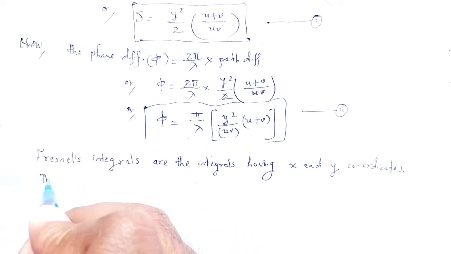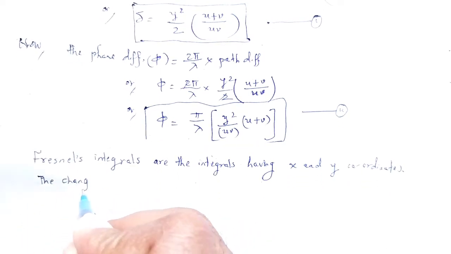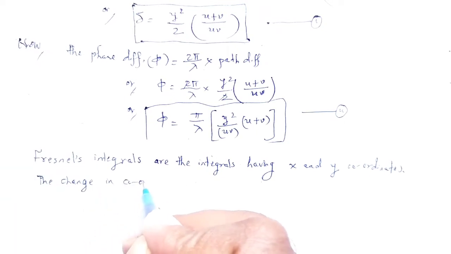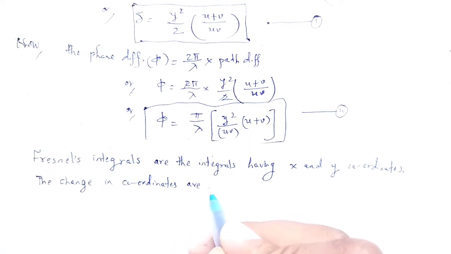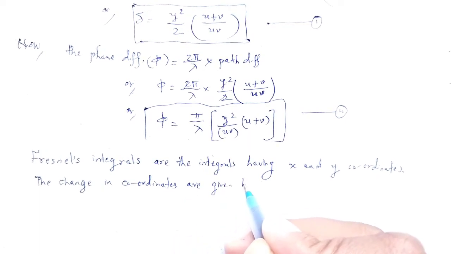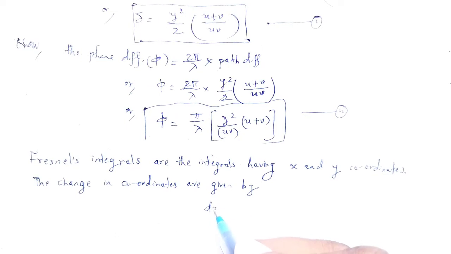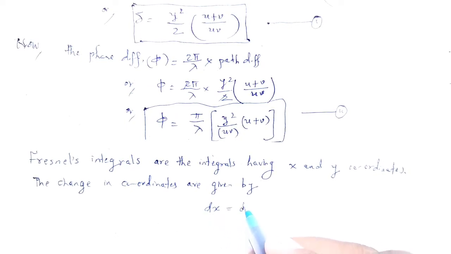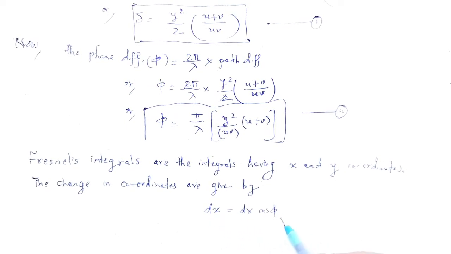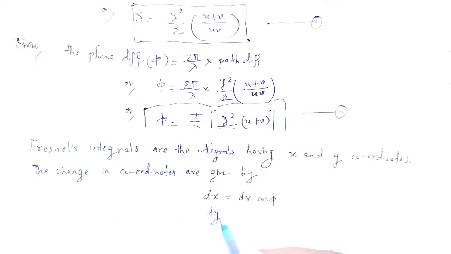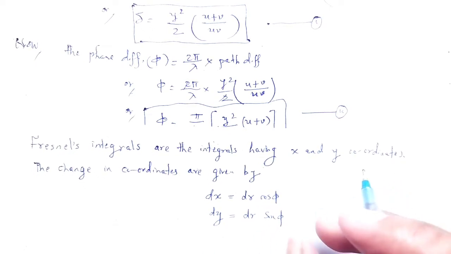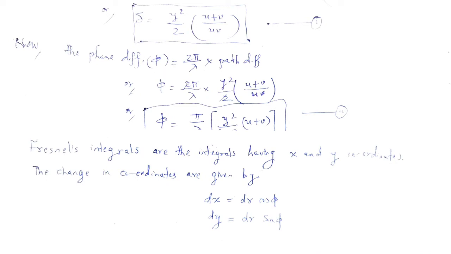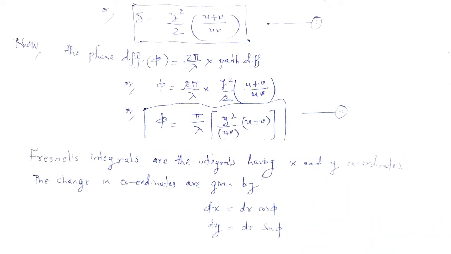The changes in coordinates are given by dx, the change in x coordinate, equal to dr cos phi, and the change in y coordinate, dy, equal to dr sin phi. Phi, as you know, is the phase difference.